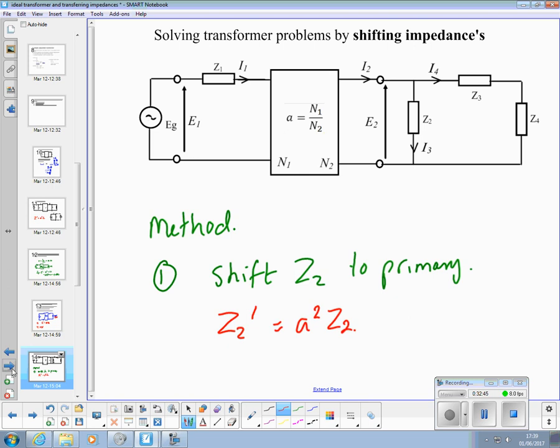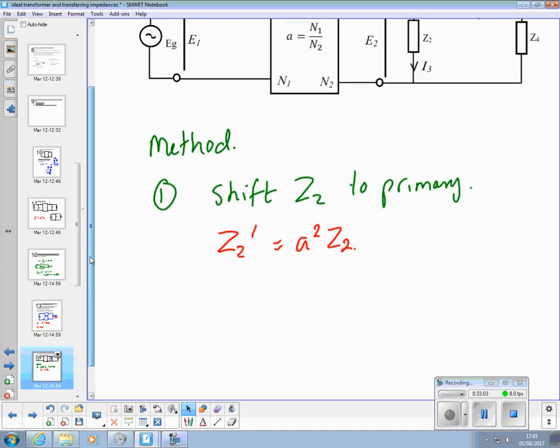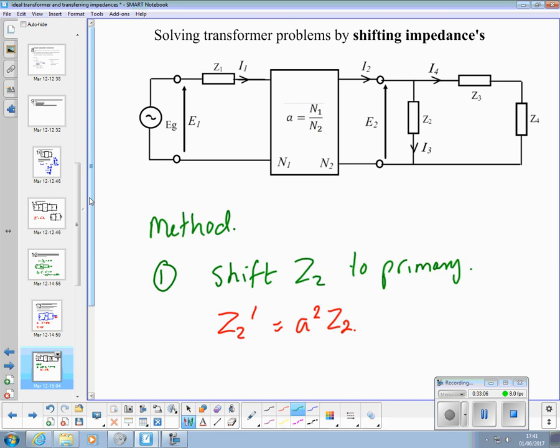So that's using the stuff we did on the previous page. The first thing, and what we're effectively going to do here, is take this impedance, Z2, and shift it so that it's on the primary side. That means it's got a different value, Z2 dash, and we'd calculate that by multiplying Z2 by the transformer ratio squared.